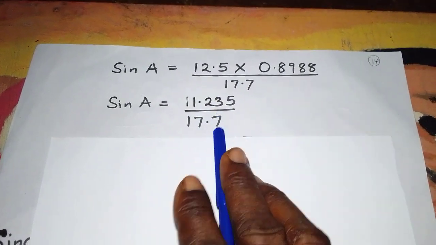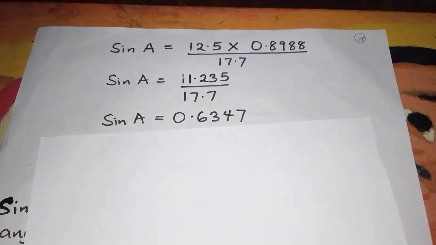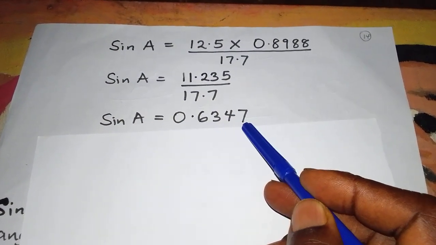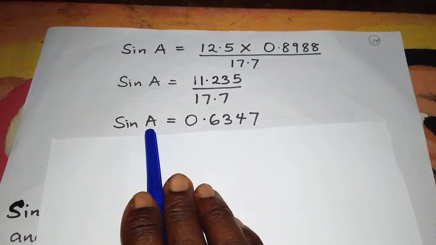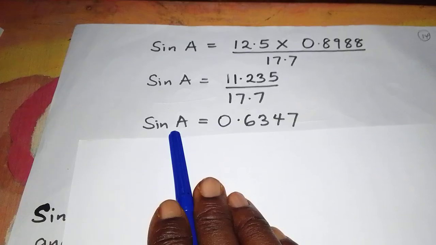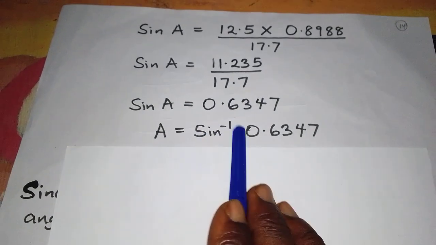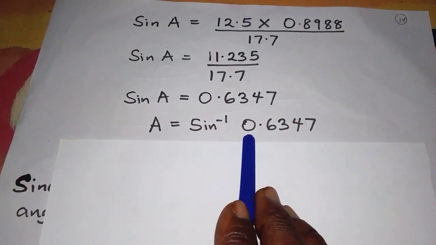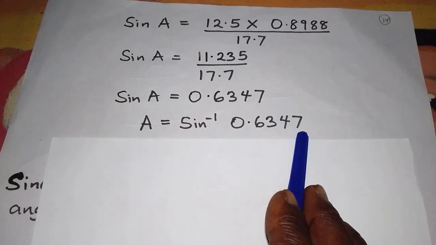When you divide this, you are going to have sine A equals 0.6347. So to get the value for A, this is sine A, you need to look for the arcsine of 0.6347.